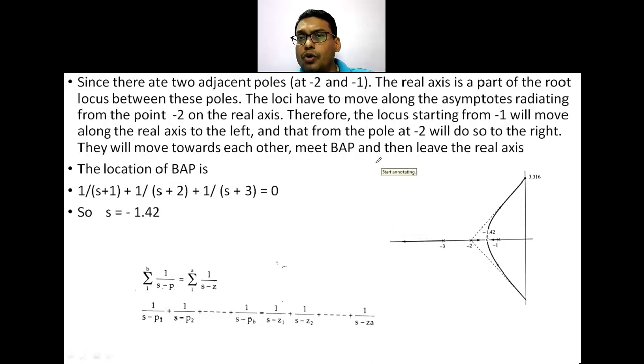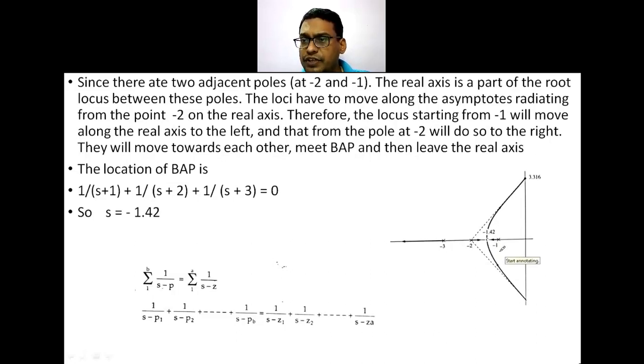Therefore, the locus starting from -1 will move towards the real axis on the left side and reach the breakaway point -1.42.